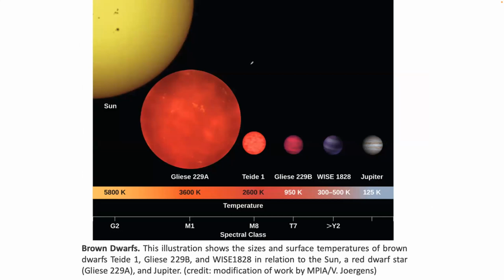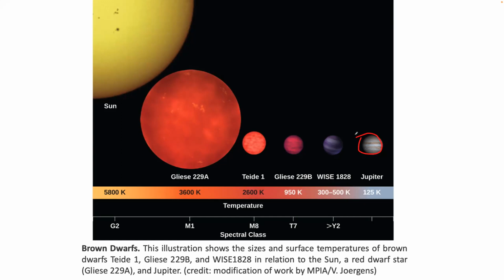These are some of the brown dwarfs, with their sizes and surface temperatures, of the different brown dwarfs we have now found. You can see this is in comparison with the sun. The sun is the hugest object, and you can also see the planet Jupiter here. Now you should straight away see an issue here.